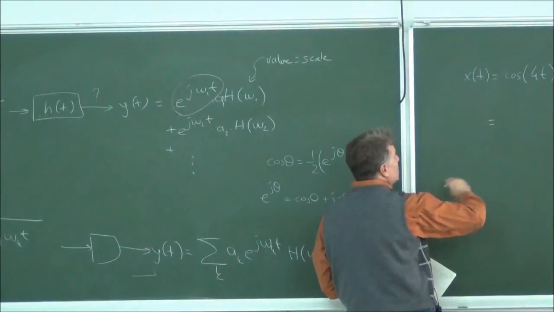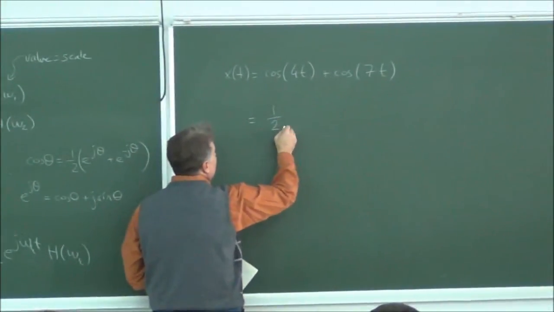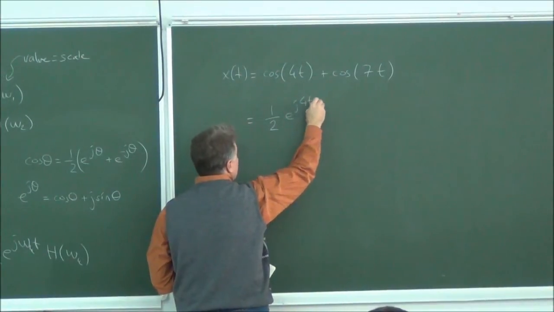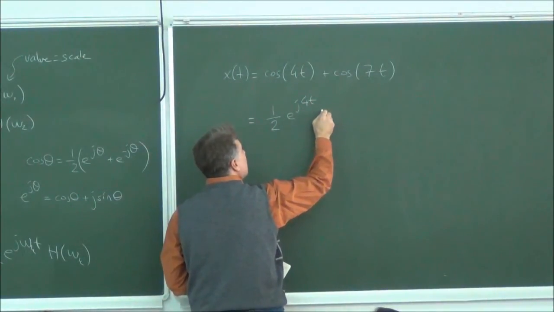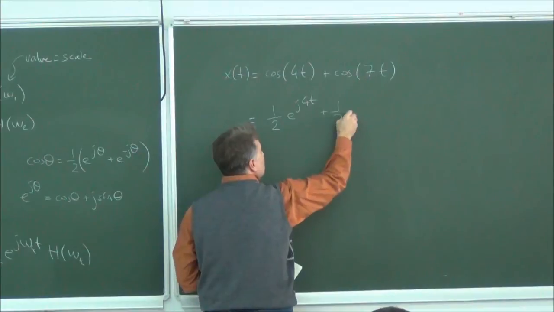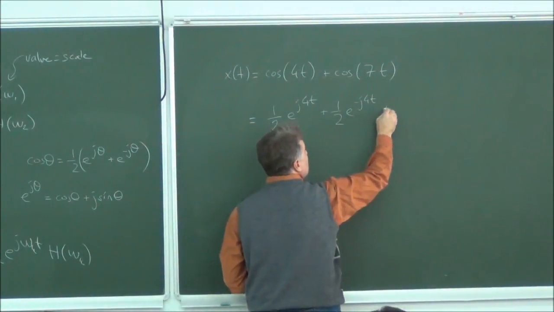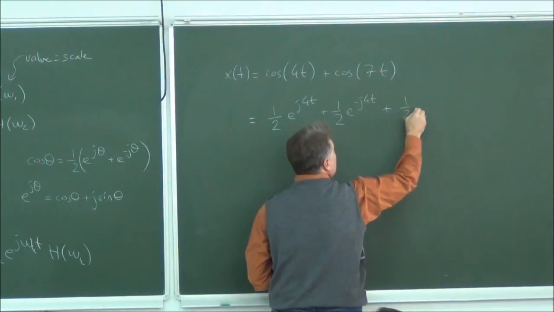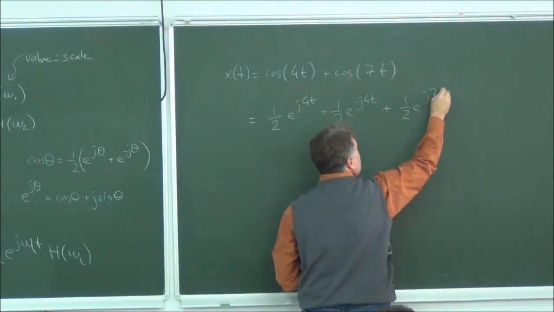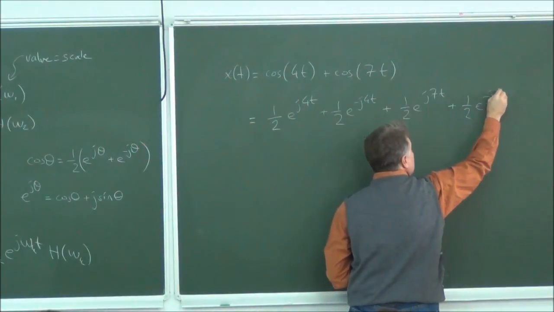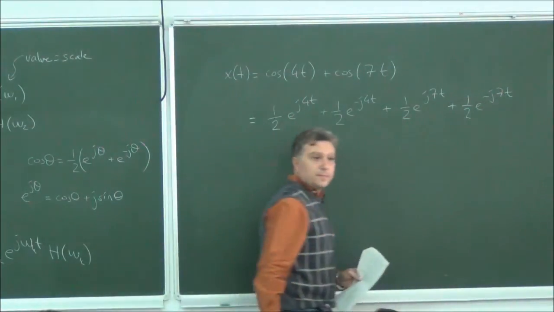So for cosine 4t, we have 1 over 2 e to the j 4t plus 1 over 2 e to the minus j 4t, plus 1 over 2 e to the j 7t and 1 over 2 e to the minus j 7t.